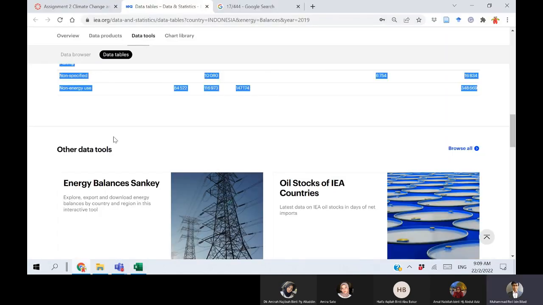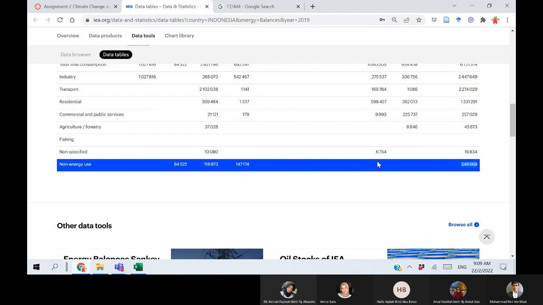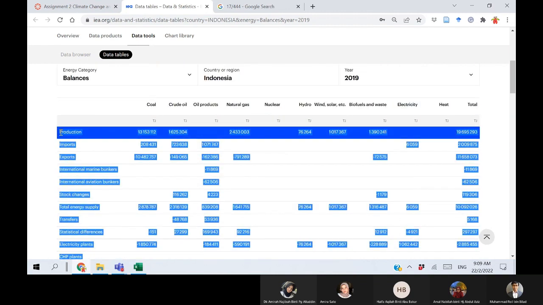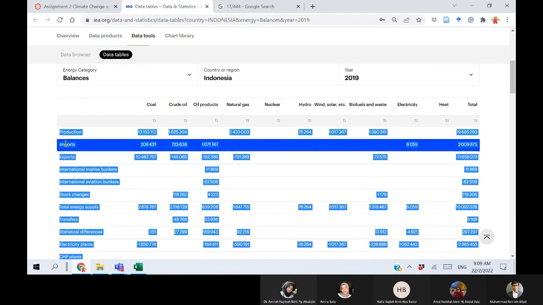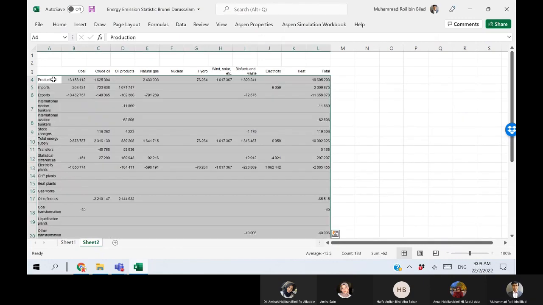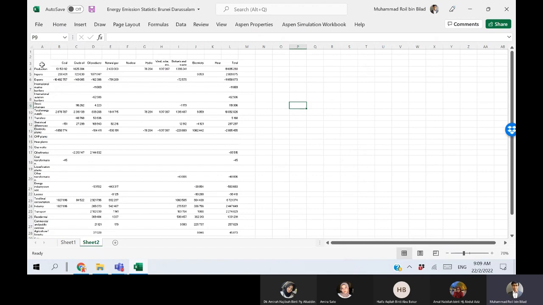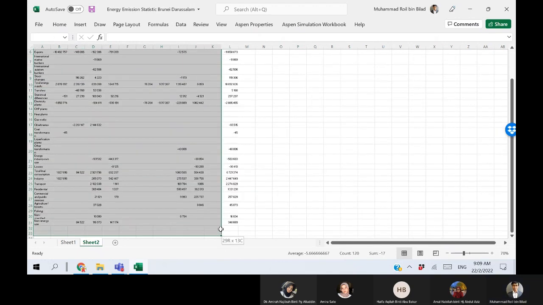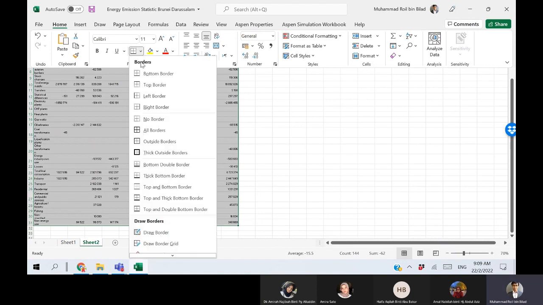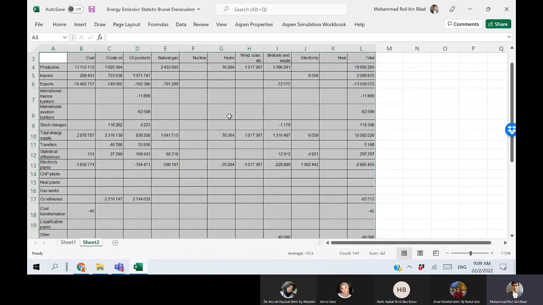Need to do one by one. Okay, easy. Copy, make table, you go here, home, and you do this. So get a table. Next, you just need to cross check one by one.